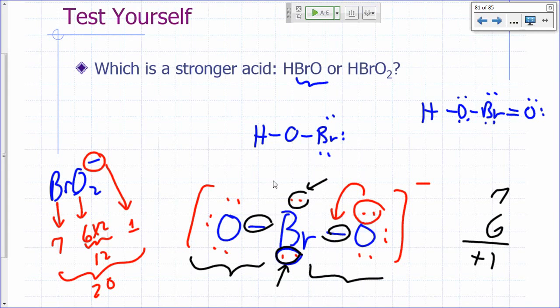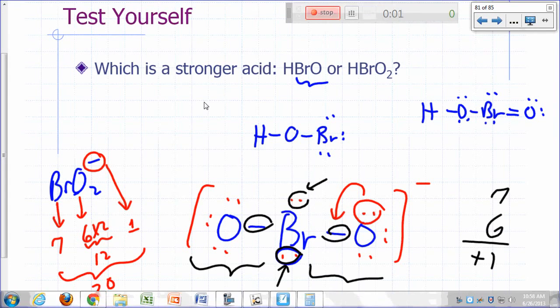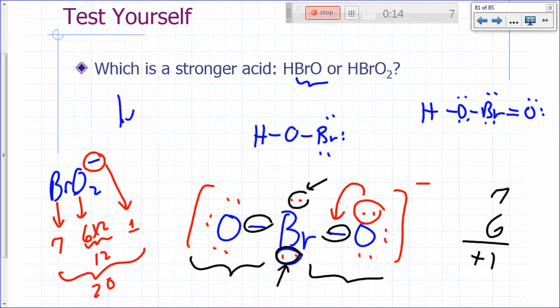So anyway, which one's the stronger acid? HBrO or HBrO2? A or B? You compare the bases, right? The bases are both negatively charged. They have a charge of -1. Same charge, so you look at the size to do the charge density.